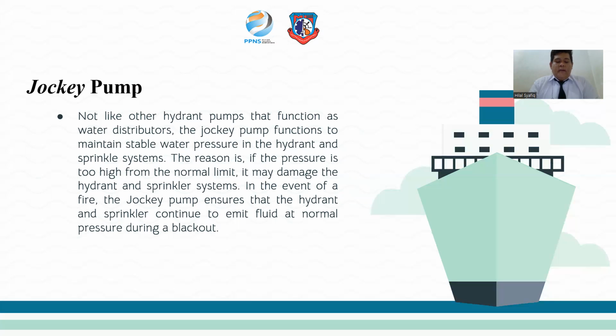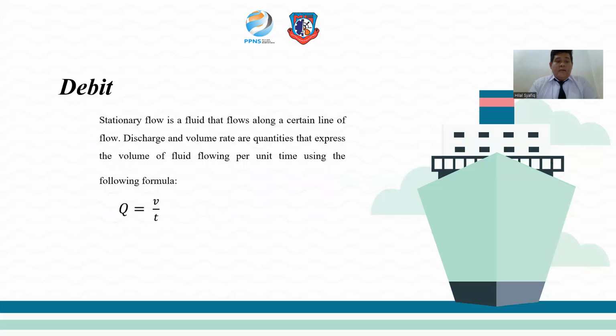The jockey pump can be operated manually or automatically. It works automatically by being controlled by a pressure switch on the control panel. In general, jockey pumps are regulated and can operate at pressures between 6 to 8 bar.